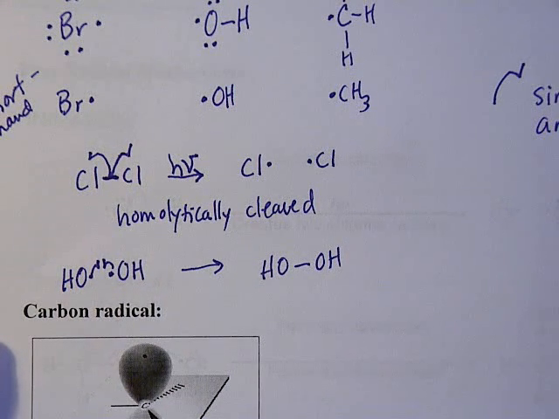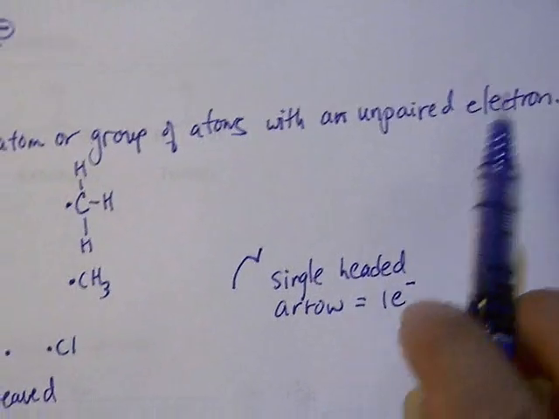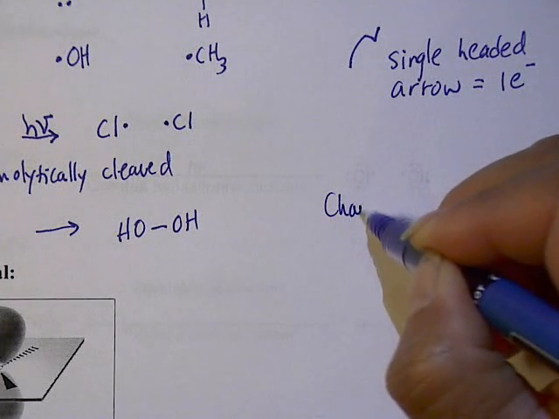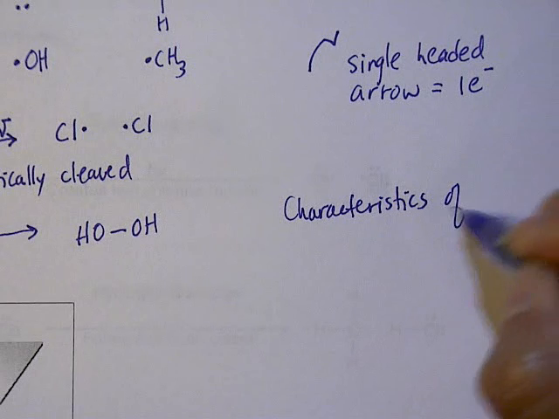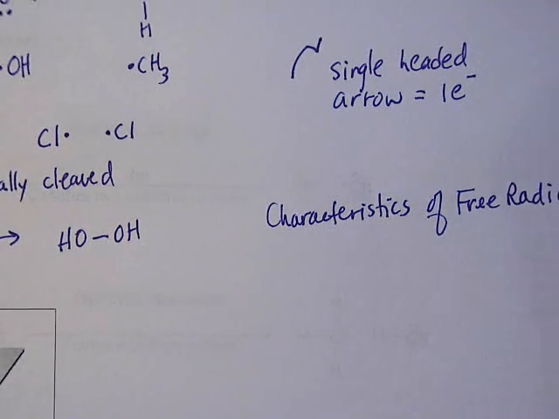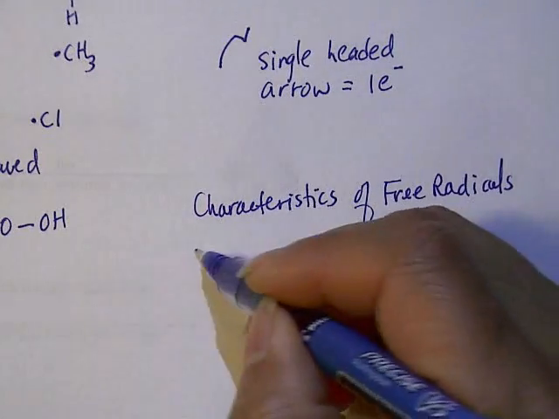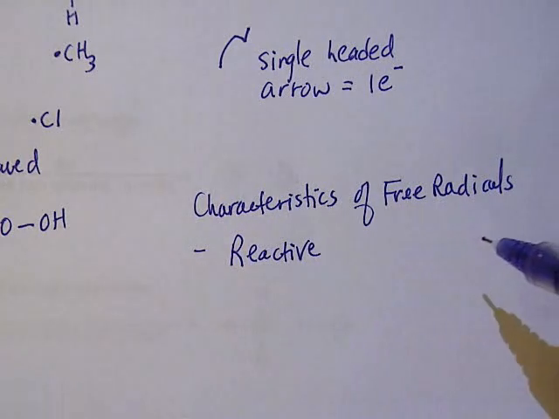So as you might have guessed, since these species have an unpaired electron, what do you think are the characteristics of free radicals? All right. You might already guess that these are going to be very reactive, and that's true.